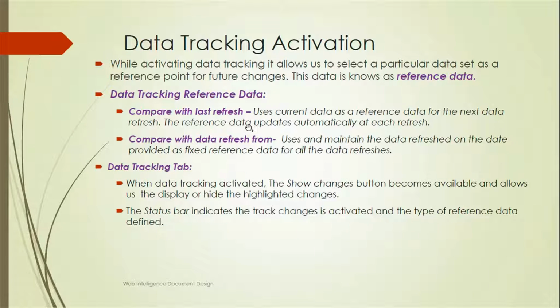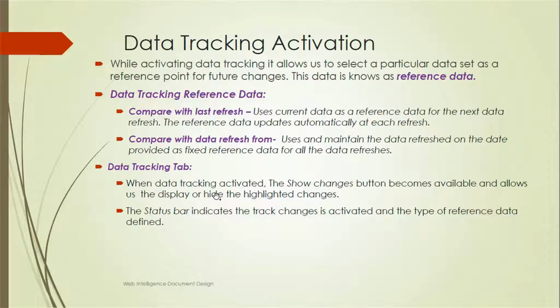The first is compared with the last refresh: whenever the report was last refreshed, that will be considered the reference data for the next data refresh. The second is compared with the data refresh from a date. Suppose I want to check the data against yesterday's date, I can put that date. It will use this and maintain the data refresh on the date provided.